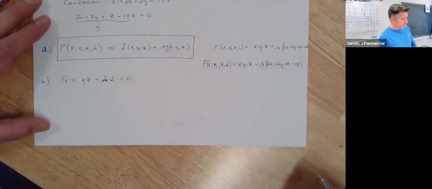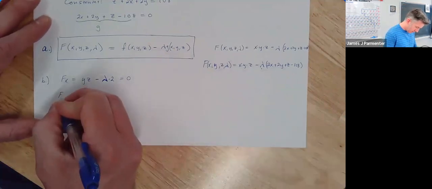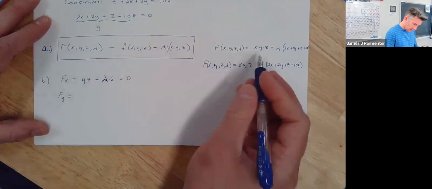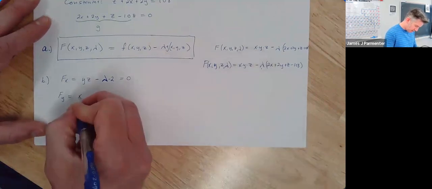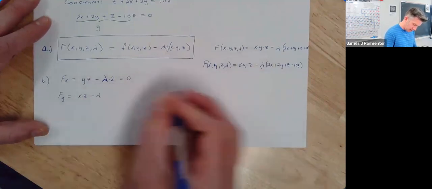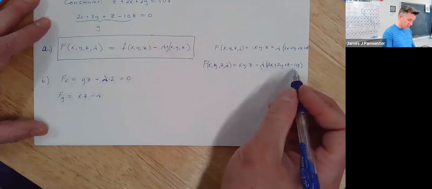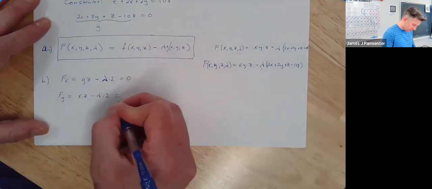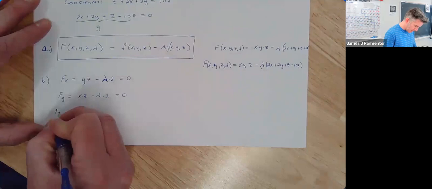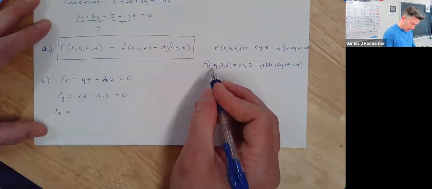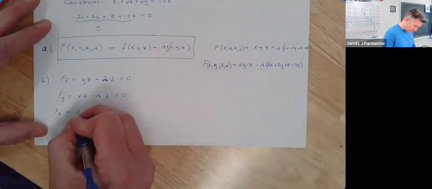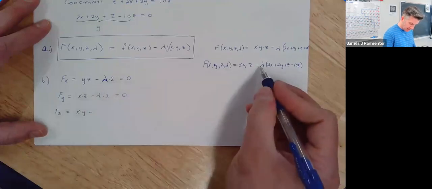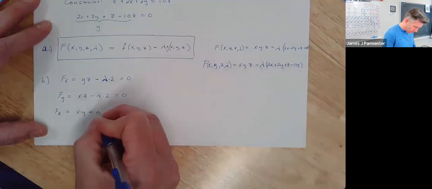And then we're going to do that for all the other ones. F_y is going to be x times z minus lambda times the partial derivative of this whole thing, which is also 2 with respect to y. And finally, F_z is going to be, again, x times y minus lambda times just 1.